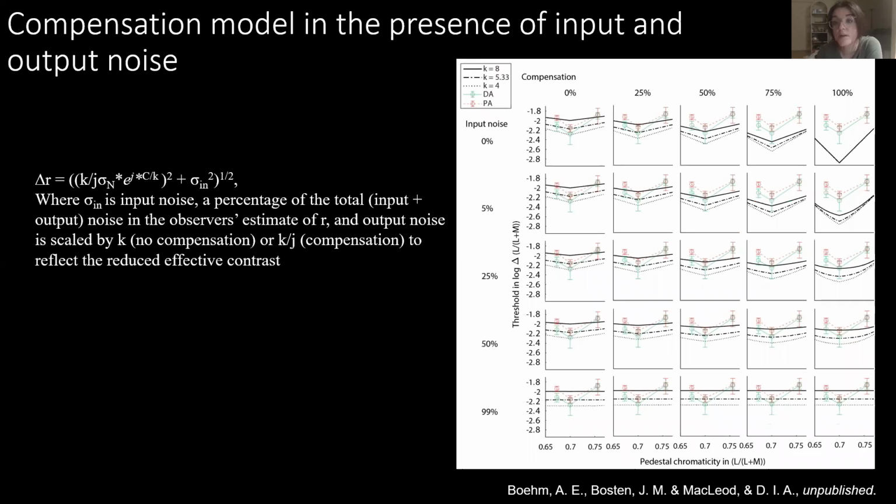So we next considered a model that takes into account noise prior to the compressive nonlinearity, or input noise. The predicted V profile for anomalous observers depends on the location of the predominant source of noise in the visual system, and particularly whether it occurs before or after the level of compensation.